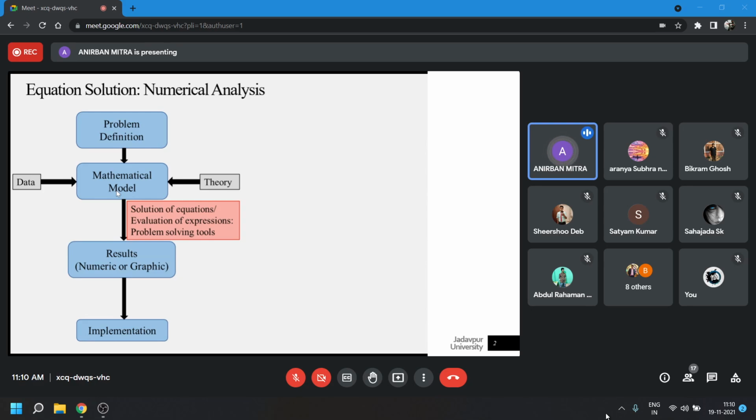Once those equations are formed, then the next job is to solve those equations and see how the system actually behaves. So these equations or expressions are basically indicators of system behavior. And we need to solve these equations or evaluate those expressions to see how a system actually behaves. What is the behavior of the system?